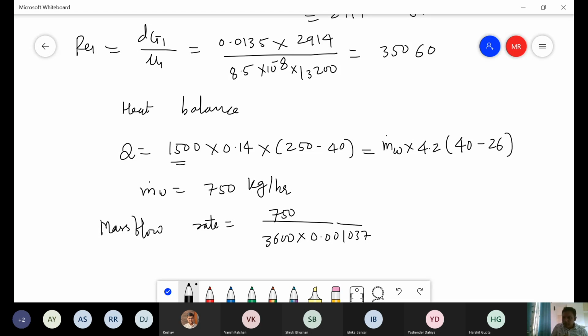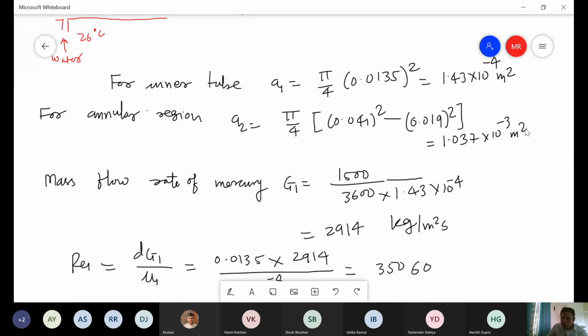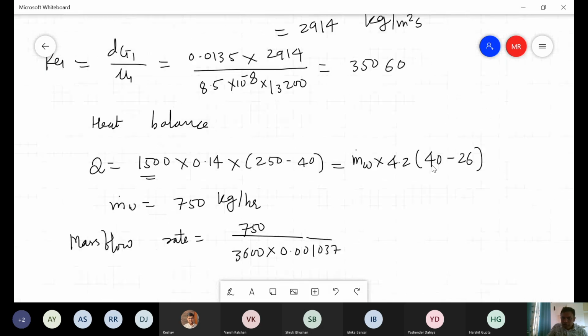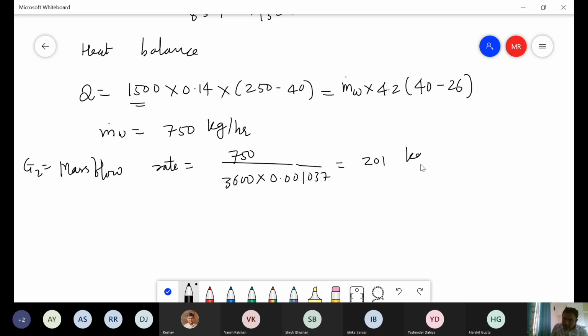If you go back and see, that is the area we obtained for the annular region, isn't it? So this is 1.037 into 10 raised to power minus 3. So I have divided by that here. By dividing, what we get is G2. G2 is obtained as 201 kg per meter square second.